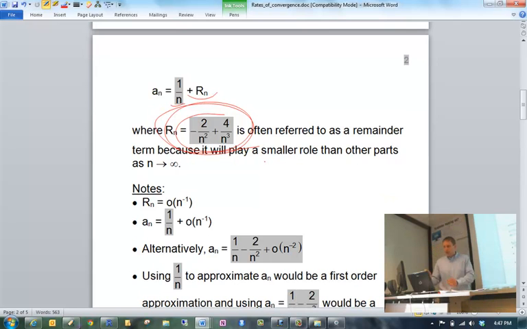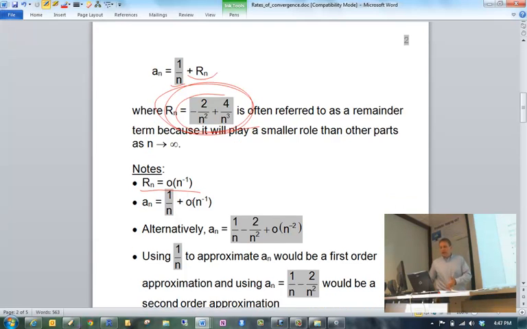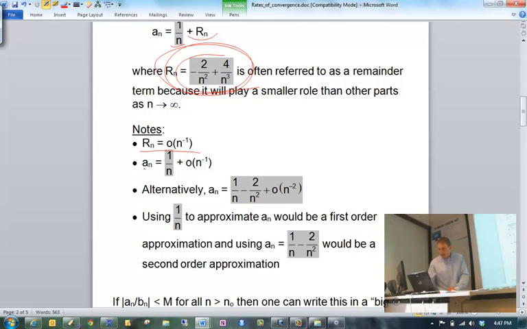So what you will see sometimes is R sub n written as little o of 1 over n, so that A sub n is written as 1 over n plus little o of 1 over n. All this is saying is that the remaining stuff helps you determine the order of convergence.